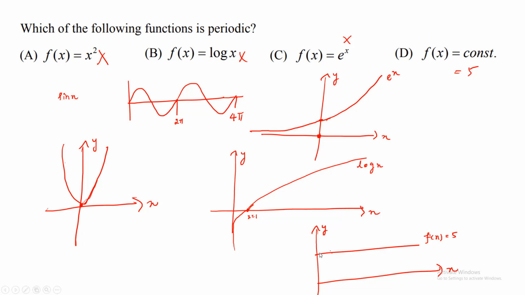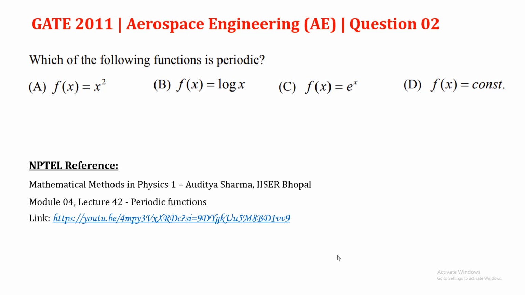After every interval we are getting the same value, which means it's repeating after itself, right? So option B is the correct answer: the function equal to a constant is a periodic function.